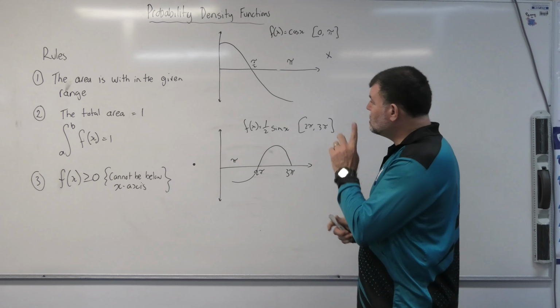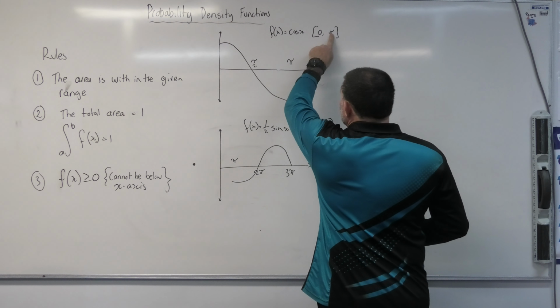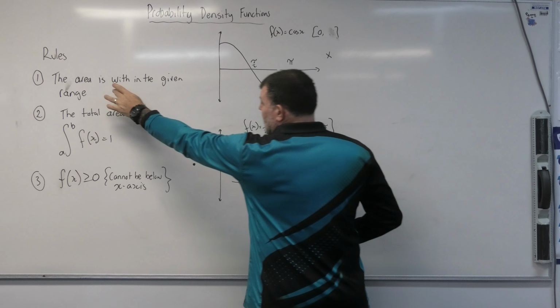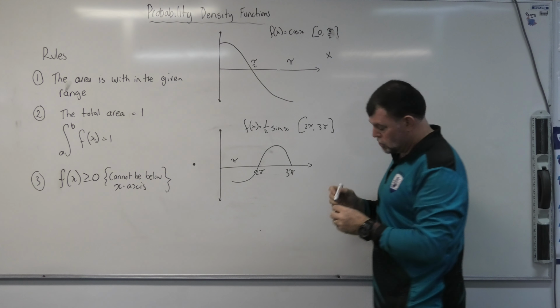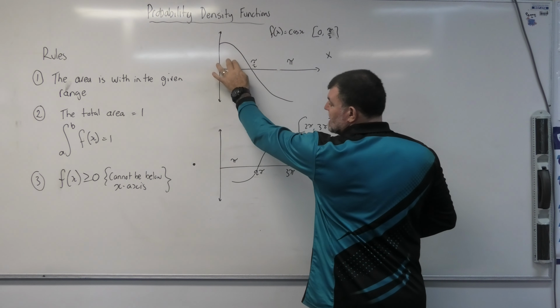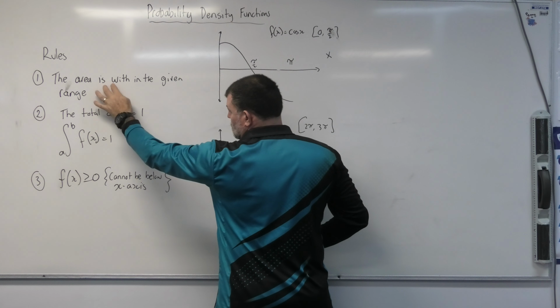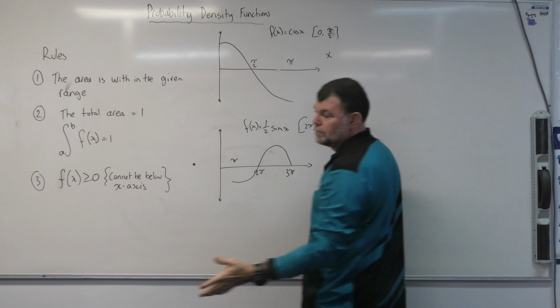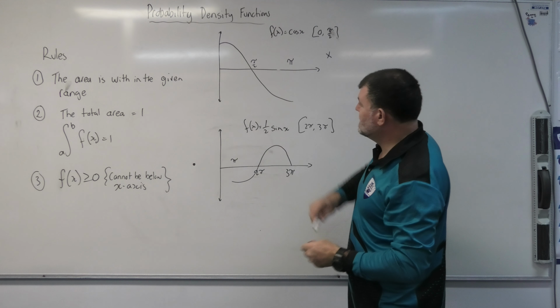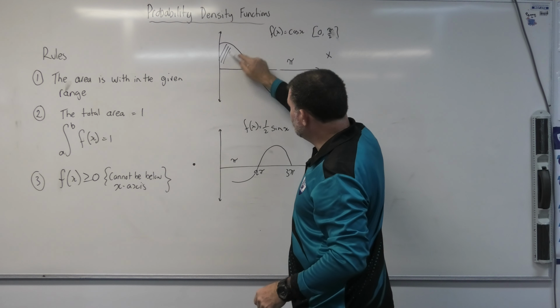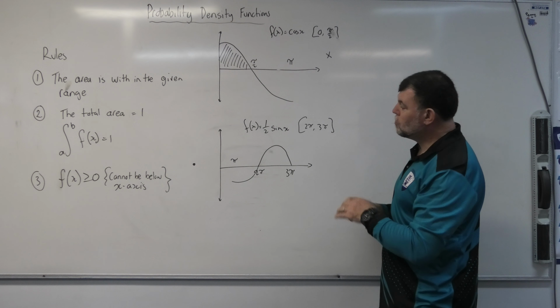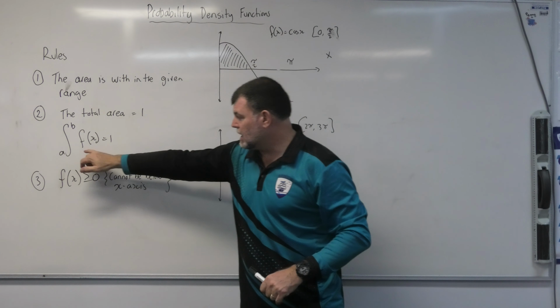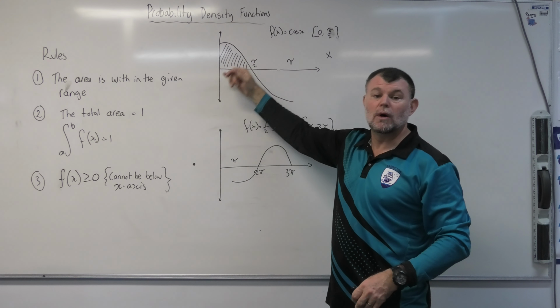However, if I changed the range, so the areas within this range here, and I did pi on 2, then this now satisfies the first rule and then the third rule. Then we'd have to work out whether, when I integrate it using this rule here, it gives me an area of 1.